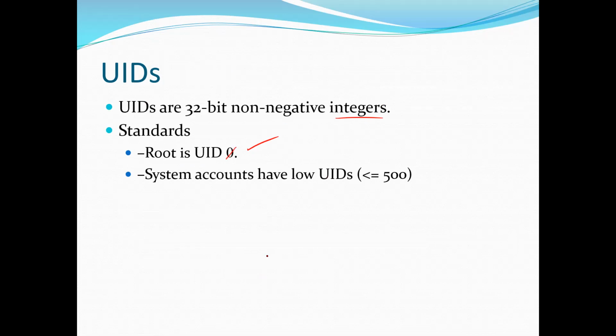Then system accounts, not user accounts, system accounts like the printer account and things like that. A lot of programs have user accounts, so they have the low UIDs, less than 500. I think it's like from 0 to 1,000. And usually whenever you create an account, it's going to be after 1,000 nowadays.